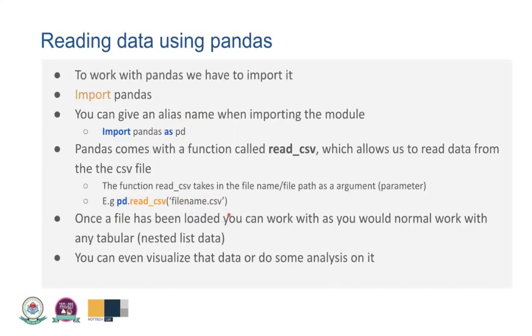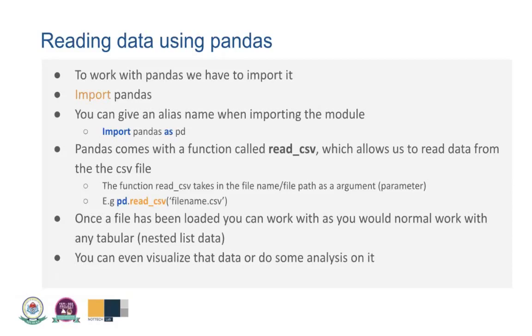And then once, of course, you have read that file, what will happen next is that you start to work with that data, because remember, the CSV files that we'll be working with oftentimes come as tabular data, and of course read_csv expects that data to be in some form of tabular fashion.